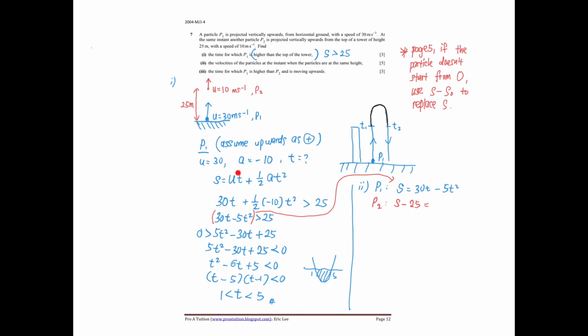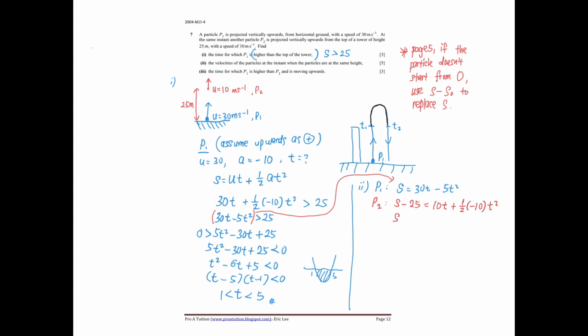The rest is the same with this part. So I have UT now. My U for P2 is 10T plus half, the acceleration is negative 10, as I assume upward is positive, so downward is negative 10, T squared.